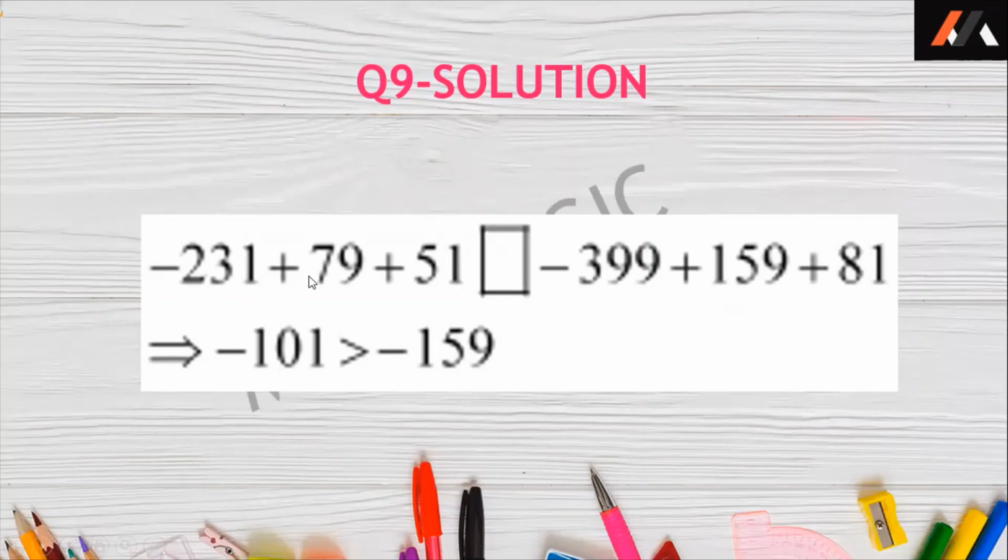Minus 231 plus 79 plus 51 will be minus 101, and minus 399 plus 159 plus 81 will be equal to minus 159. In this question, minus 101 is greater than minus 159, since minus 101 is closer to 0 on the number line. Next question.